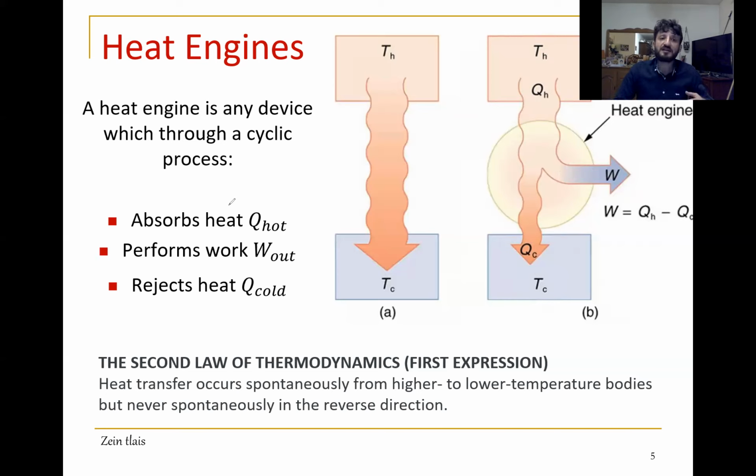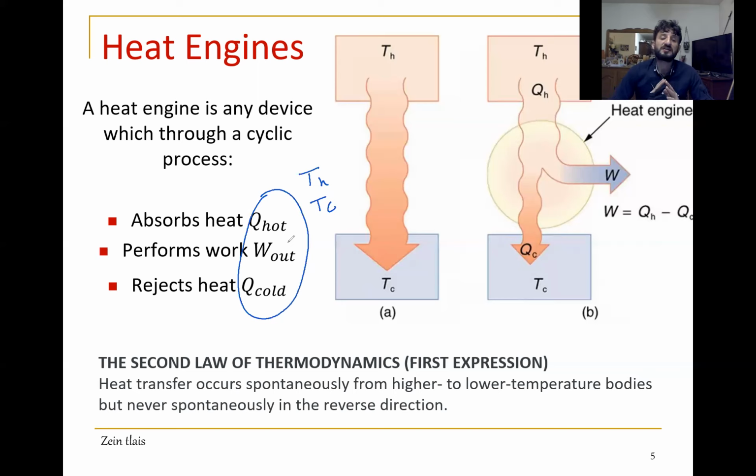So in general, in the heat engine, we have Q hot absorbed by the gas, the work exerted by the engine through the crank, and a rejected quantity Q cold outside of the system. So we have these parameters plus T hot and T cold.